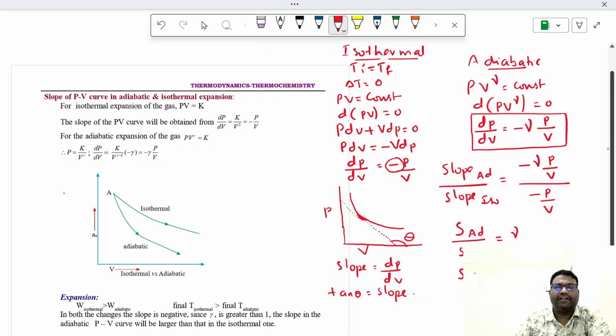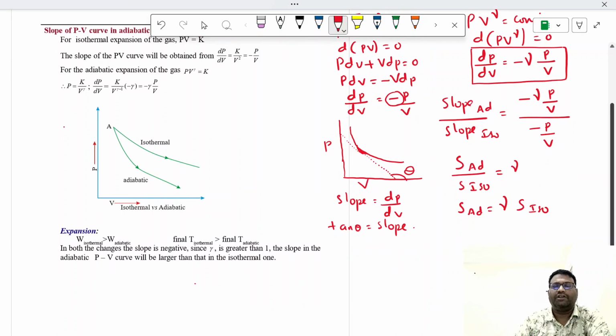Slope adiabatic is gamma times the slope isothermal.